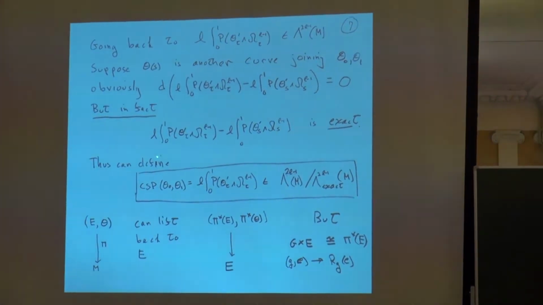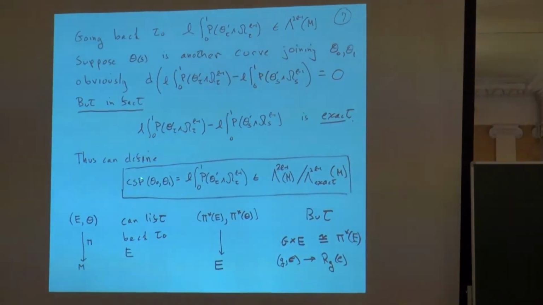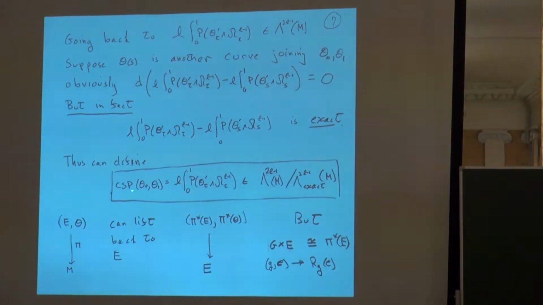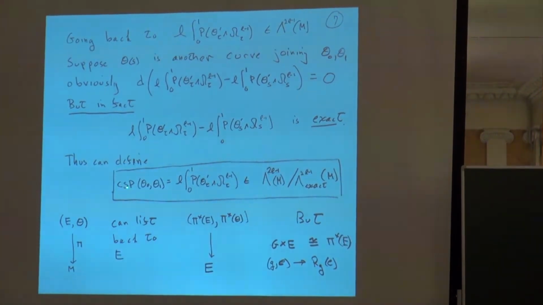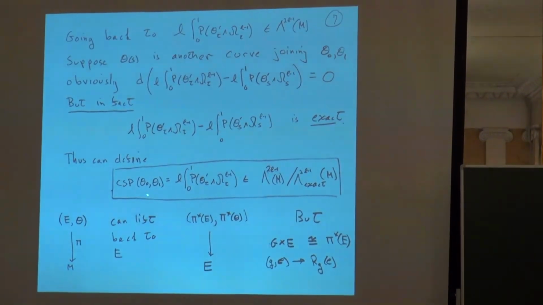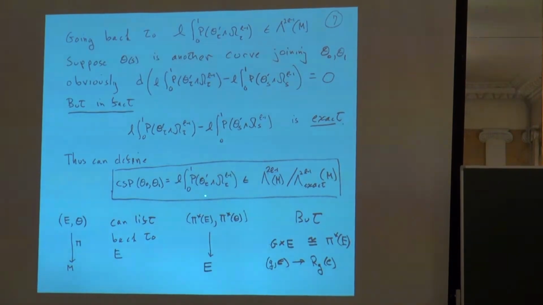And so what you can do is define this new form CS of P, which is this guy modulo exact. It didn't depend on the path as the left-hand side does. It's just a pair of connections, and you'll get a form well defined up to exact.